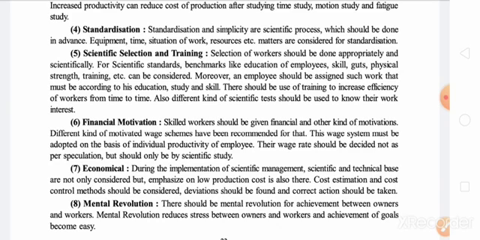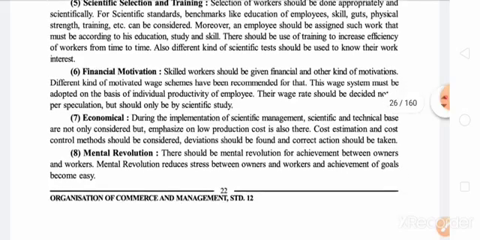But amongst them, the financial motivation, in which the differential or motivated wage scheme has been recommended by Frederick Winslow Taylor, will be on the basis of individual productivity of employees, and this wage rate should be decided not as per speculation but only by scientific studies. So in last lecture we have discussed all these 6 points, and today let us move forward with point number 2, that is economical.